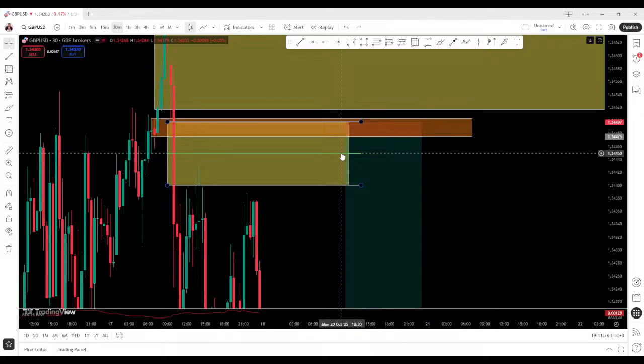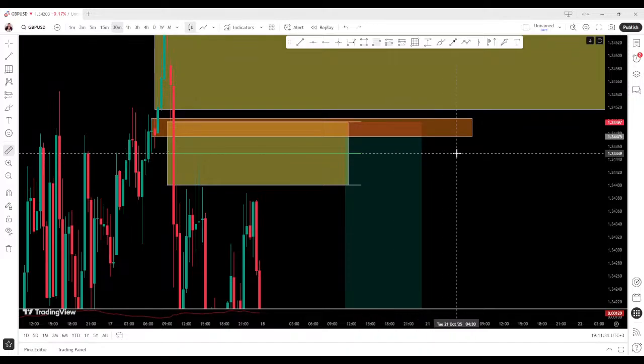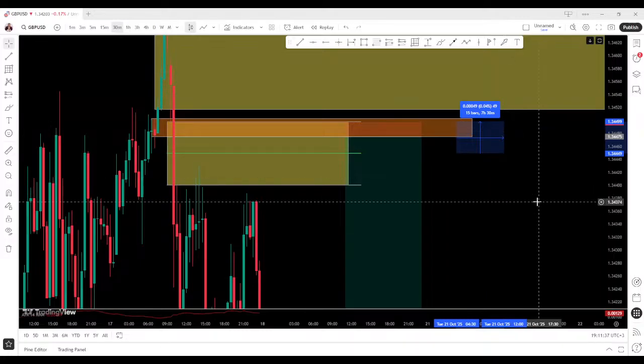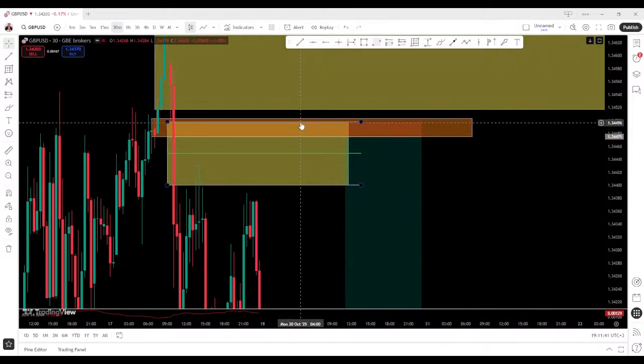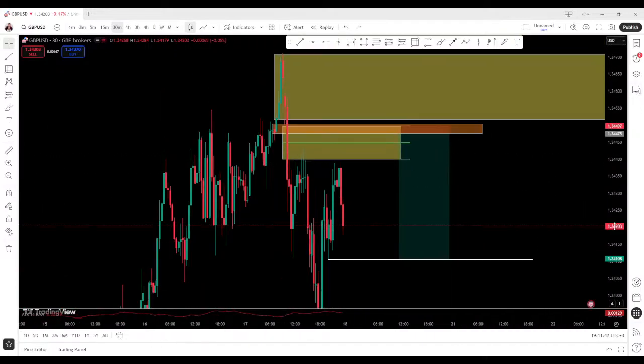If you want to risk a lot of pips, this will be 4.9 pips. So I think it's still manageable. Your stop loss is at the 100% of the FVG, and you have a setup for tomorrow.